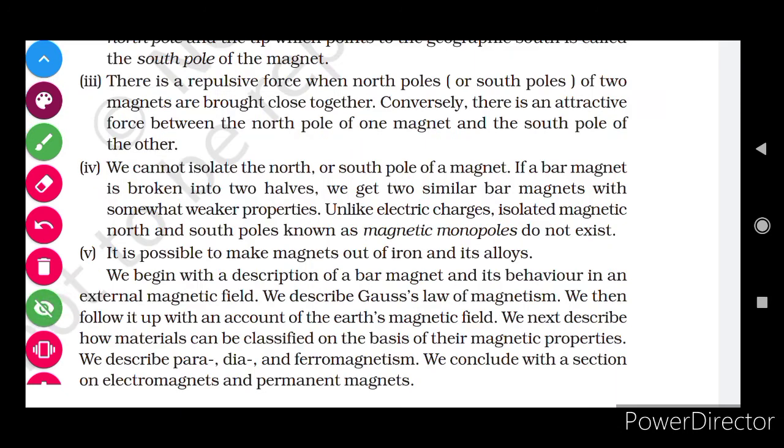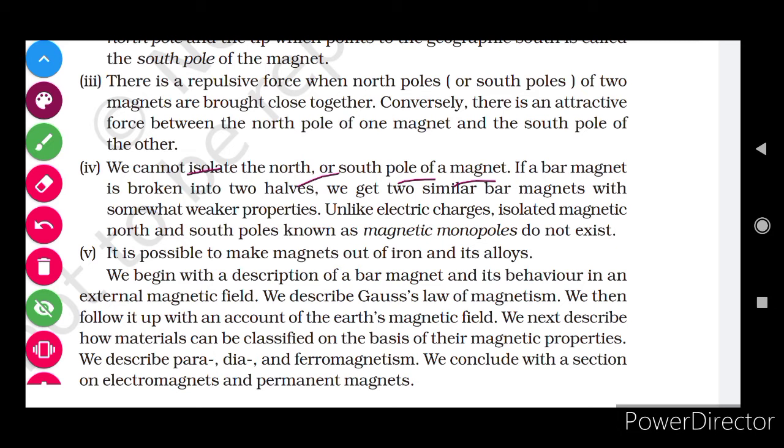Now, can we isolate the north or south pole of a magnet? We cannot, obviously. What happens if you break a magnet? It will become a new magnet. It will have two poles. Monopoles of a magnet do not exist, and this is one of the Maxwell equations. We'll study the 4 equations of Maxwell. The first equation, which we have already studied, is Gauss's law in electrostatics.